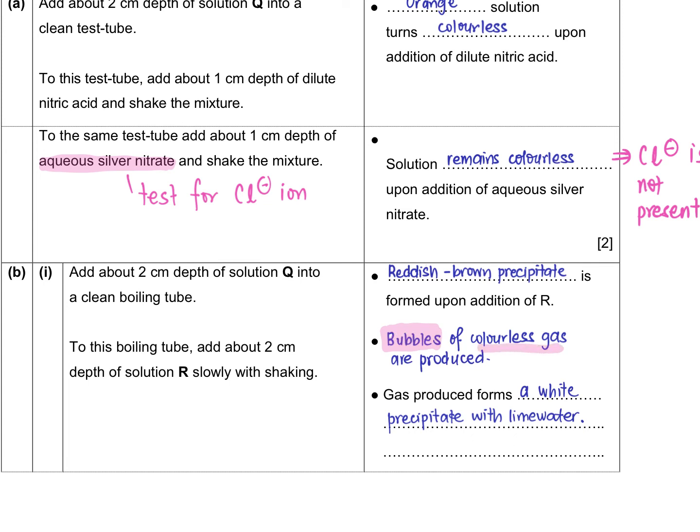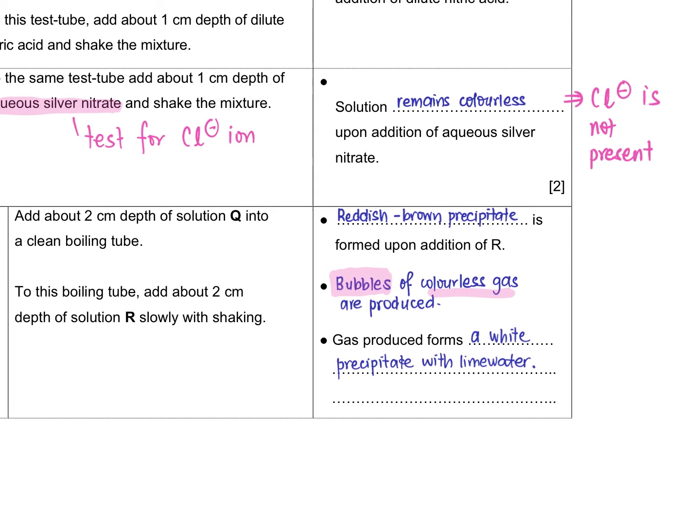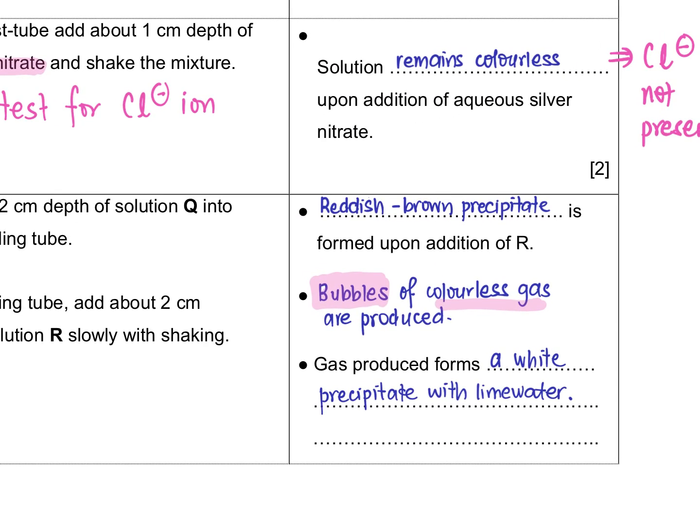So going by what I've talked to you about, you know that you're going to test for carbon dioxide gas. Okay? So if you know there's carbon dioxide gas, then you have to tell them that you carry out the test using lime water and what you observe. So for gas test observation, make sure you start with these two words. It's a standard one. You can't change it. Gas produced do what?